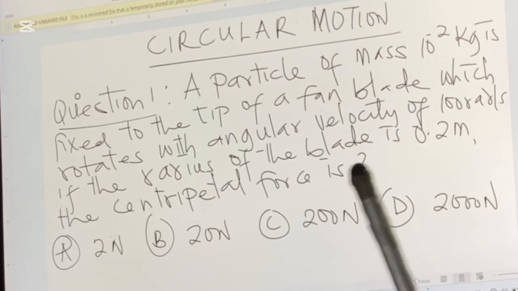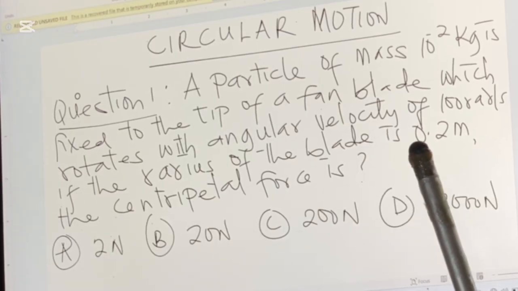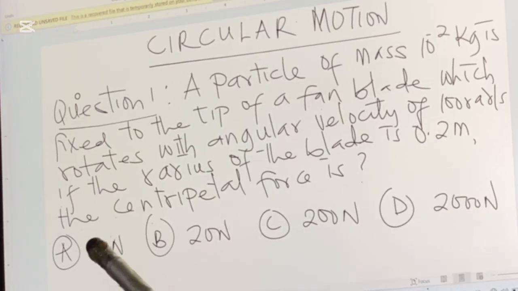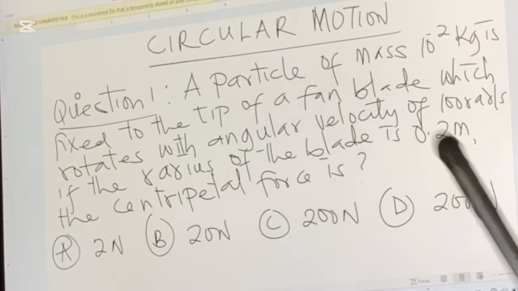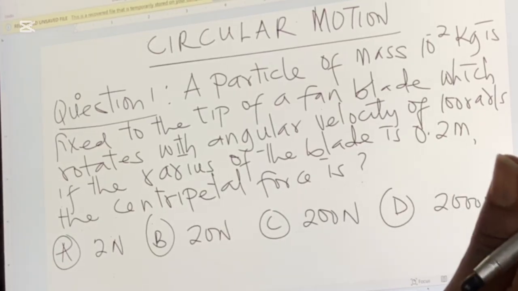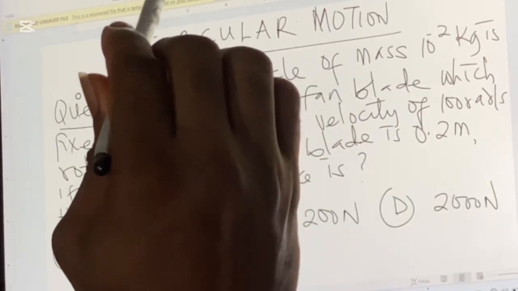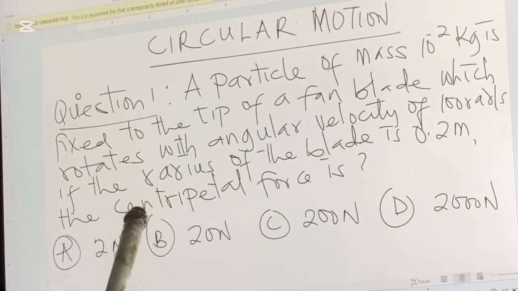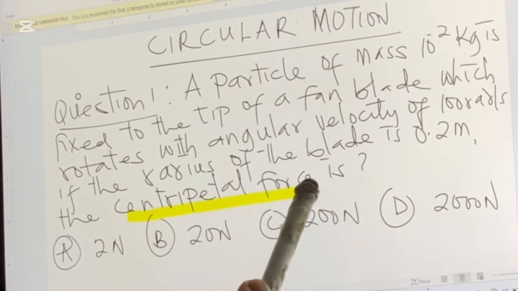If the radius of the blade is 0.2 meters, the centripetal force is, okay? Now we are asked to find centripetal force.